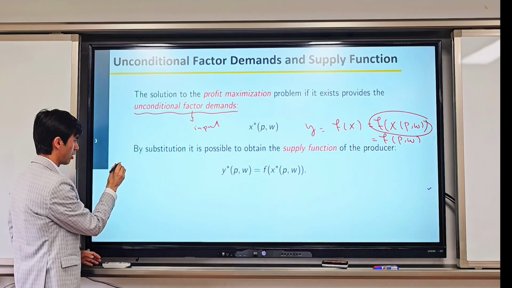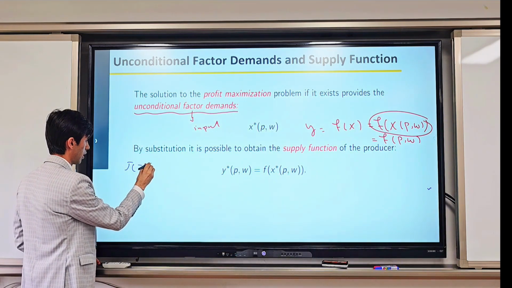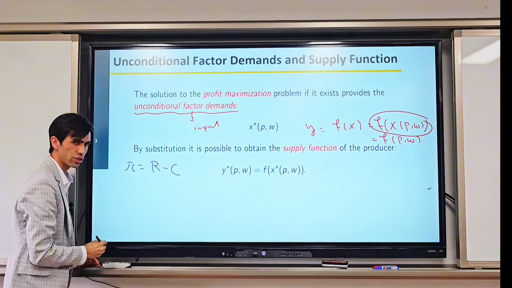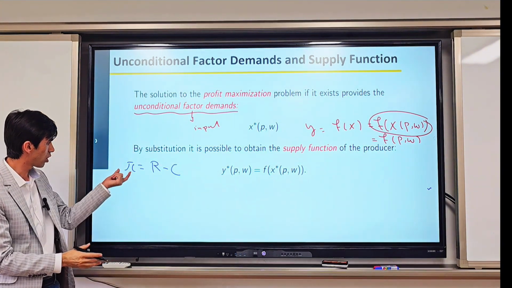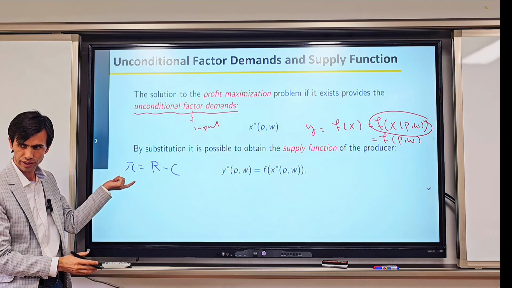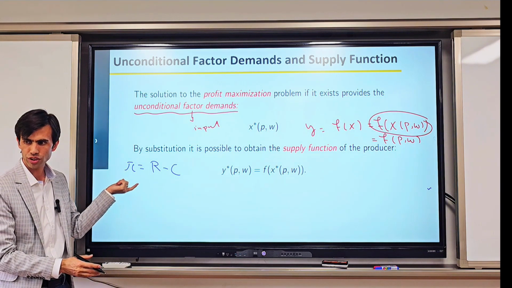When we have our profit, which is revenue minus cost, as we already did in the process, and we are going to maximize this profit, we need to take the partial derivative.